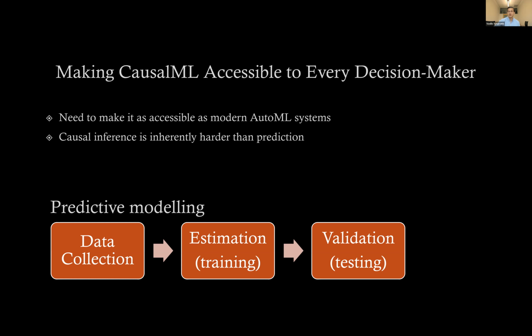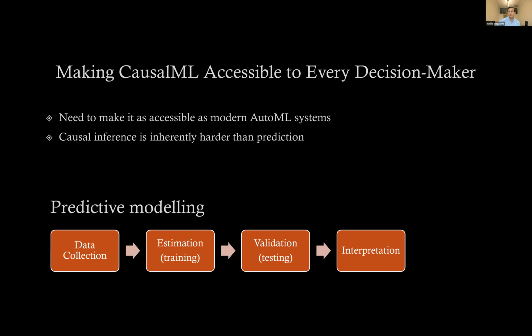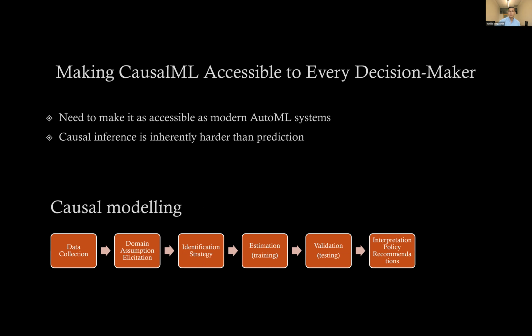In predictive modeling, you just have three stages. You collect your data, you estimate, and then maybe you validate on a separate data set, or you split your sample and validate on the other half. And maybe nowadays you also try to interpret what is learned. But in causal modeling, you need many more steps that require a lot of human-computer interaction. For instance, you need to elicit domain assumptions. You need to devise an identification strategy based on the domain assumptions.